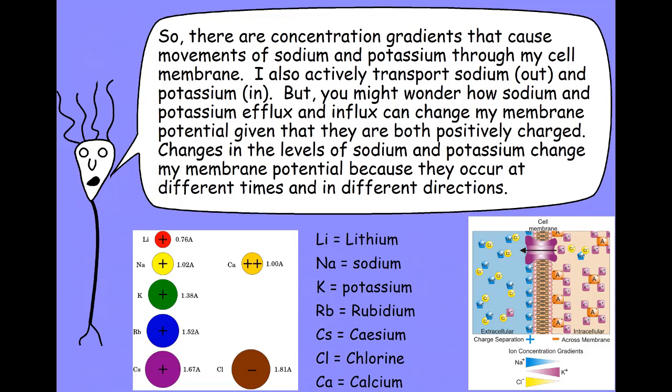But you might wonder, how do sodium and potassium efflux and influx change membrane potential, given they're both positively charged? Well, changes in levels of sodium and potassium change membrane potential because they occur at different times and in different directions and really at different rates.